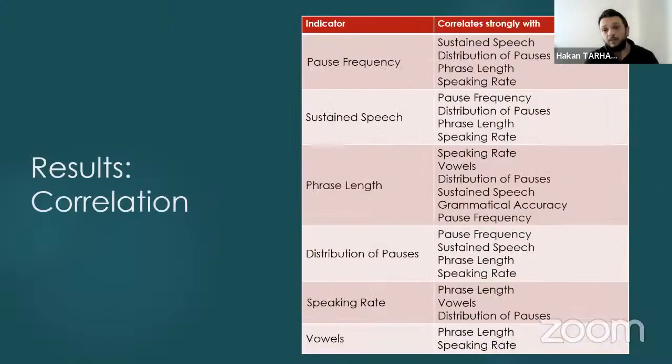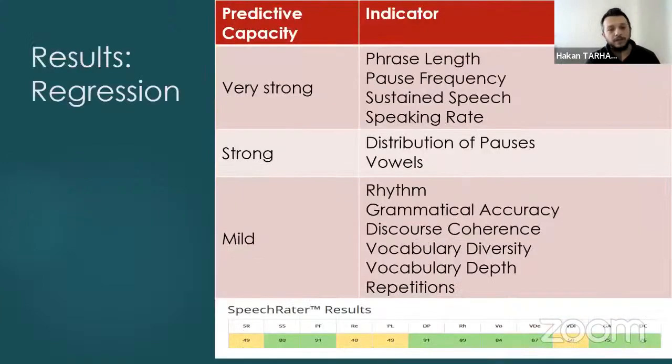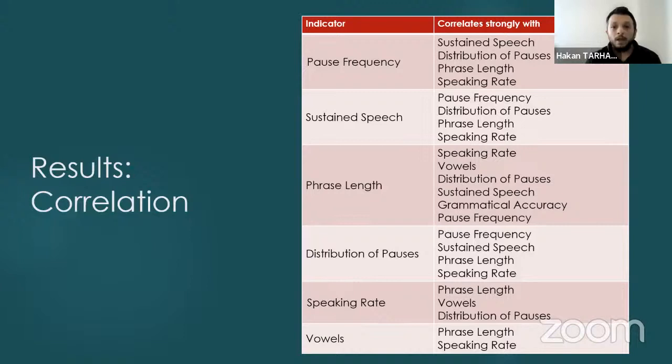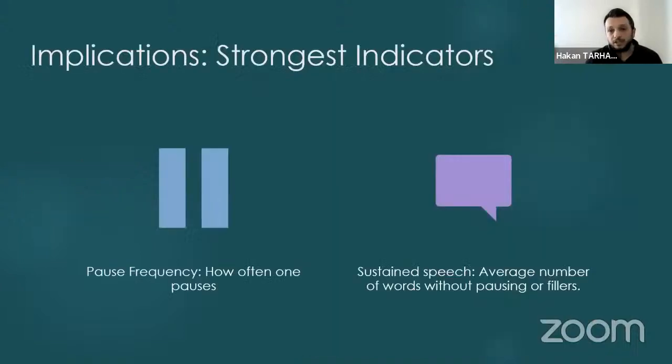These are like everywhere on this table. So it can be said that, especially if you have little time to prepare, it would be wiser to focus on the stronger predictors. So, some implications based on this information.